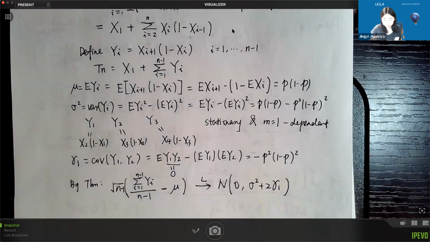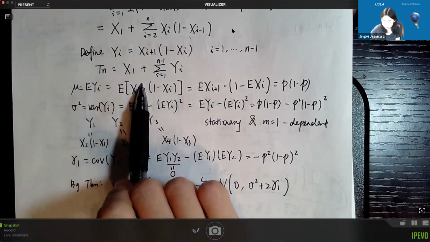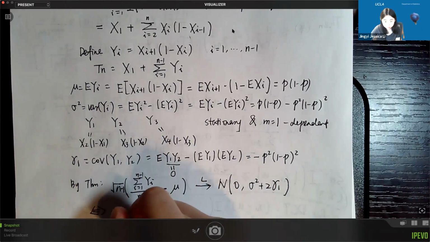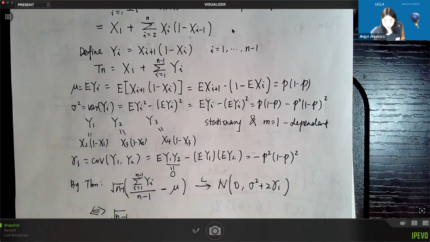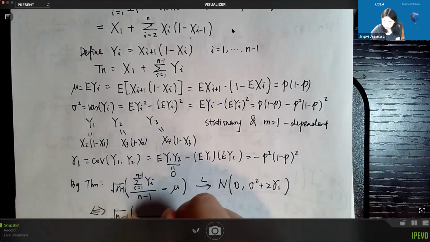Then finally, I want to replace this by Tn. So what I want to do is replace the sum by Tn minus x1, and I would have n minus 1.